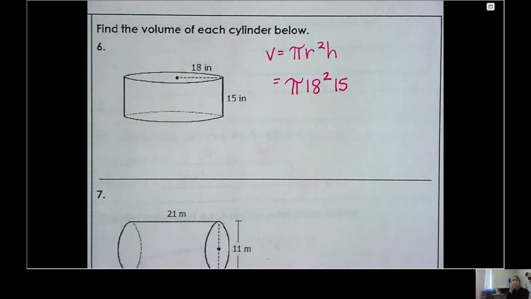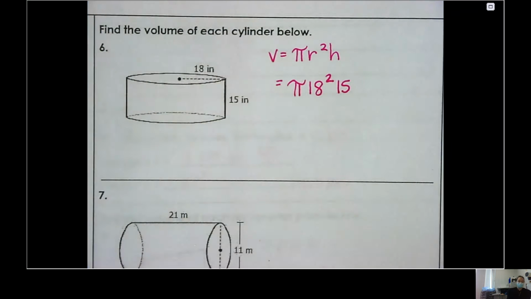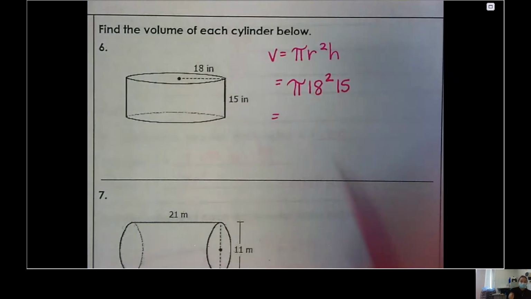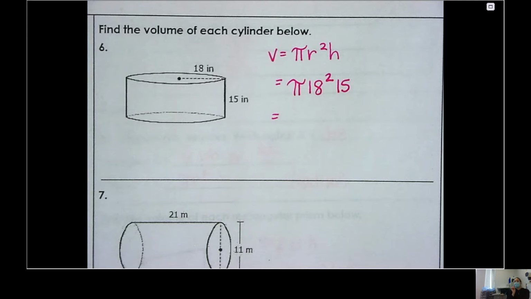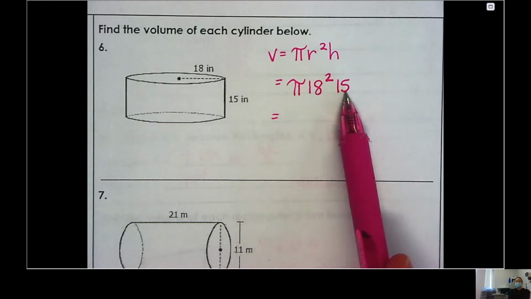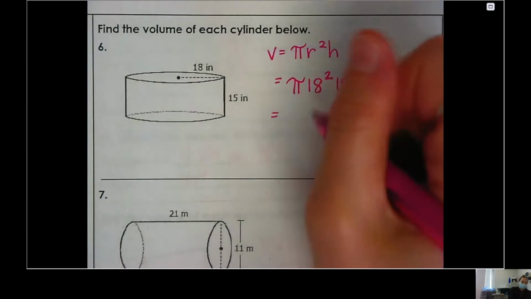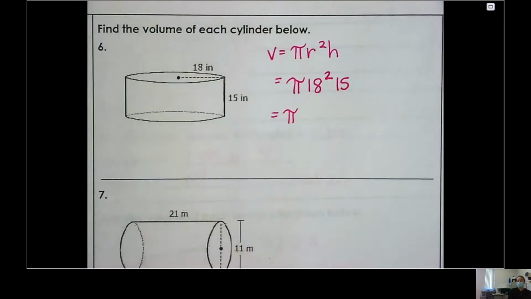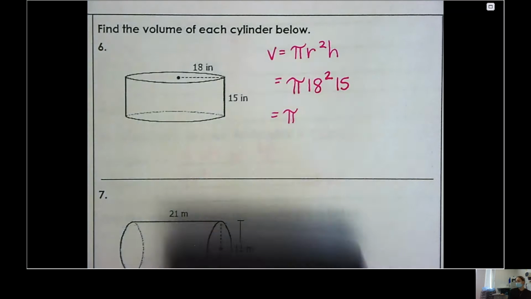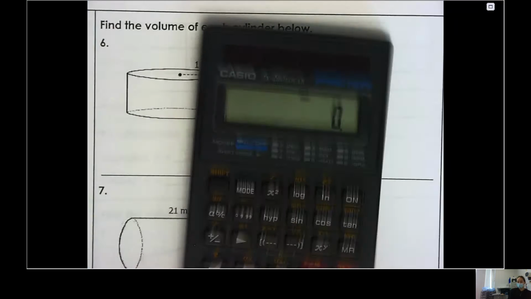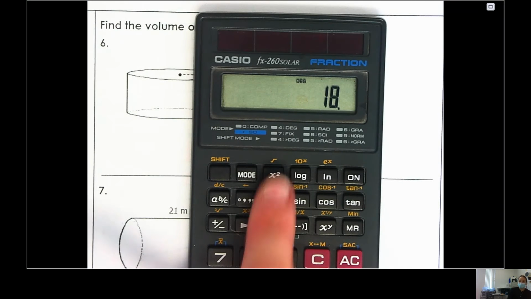Now, before you put it in your calculator, here's what I want you to do. I don't want you to push the pi button till the very end. I want you to do 18 squared and 15 first. So in your calculator, put 18 squared first. Do you remember how to put 18 squared into your calculator? X squared button right here at the top.